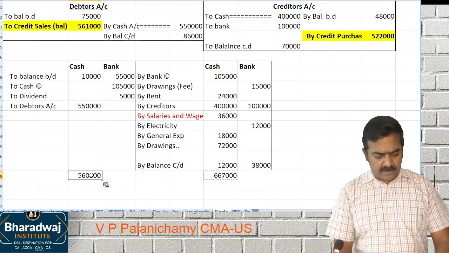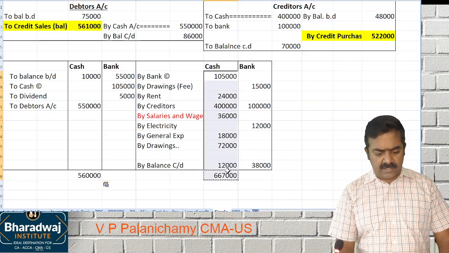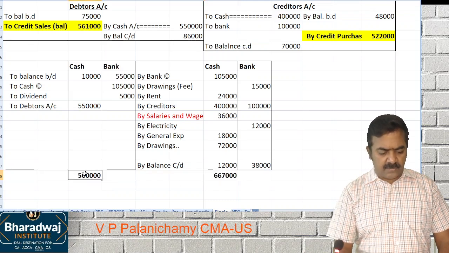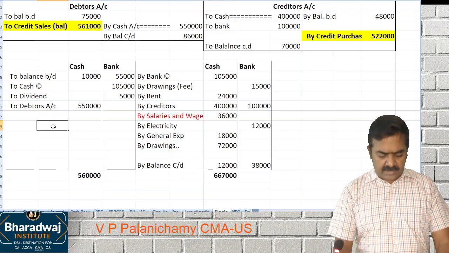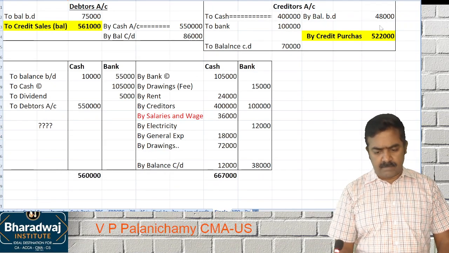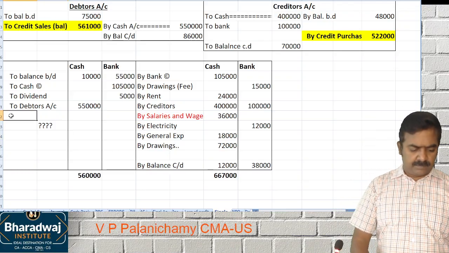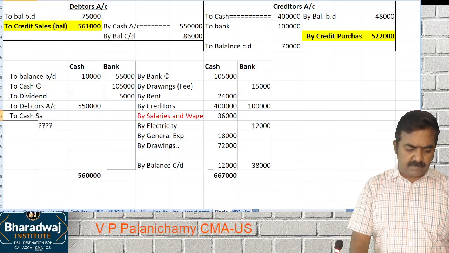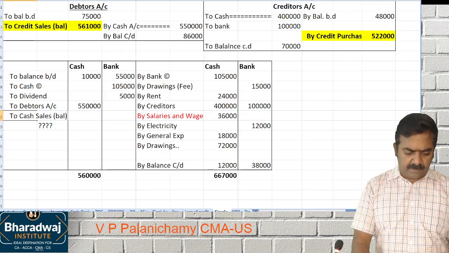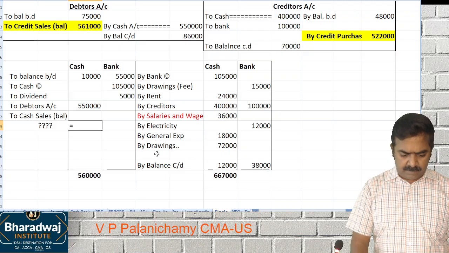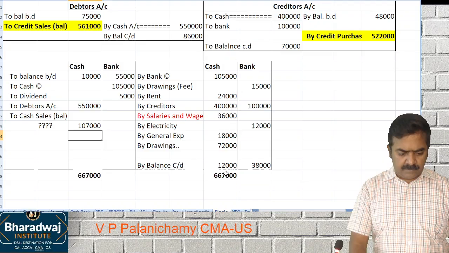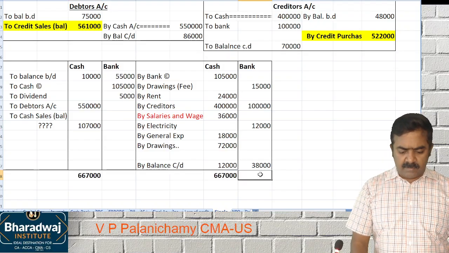What will be the balancing figure? 6,67,000 is there on the cash column, total payment side. Receipt side 5,60,000. What shall be taken as a balancing? Cash sales, we'll take it as a balancing. 1,07,000.